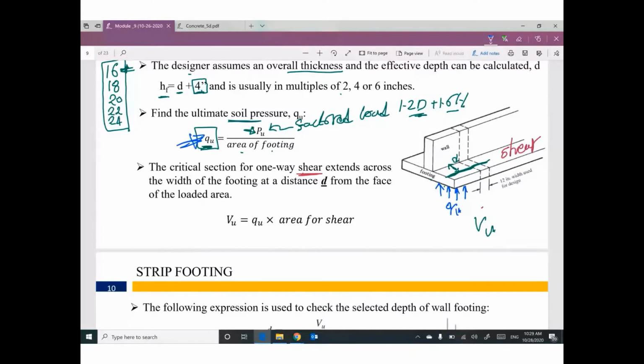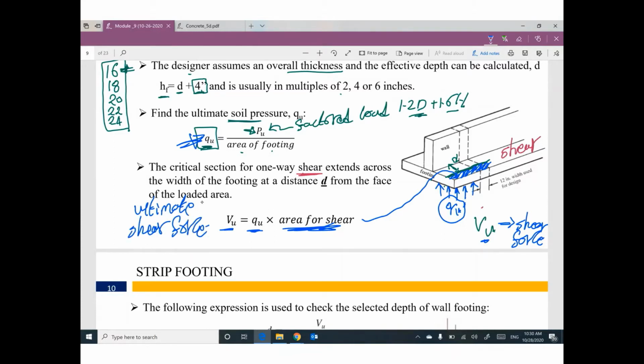This ultimate pressure will make shear force. How can I get this shear force? Okay, go ahead and multiply this pressure by this remaining area of the footing after the critical section. If you multiply Q ultimate by area for shear, I can figure out V ultimate, which is ultimate shear force.